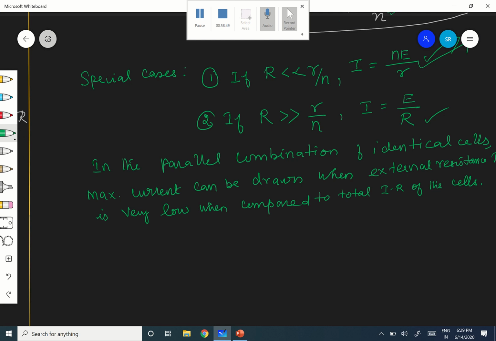So this is about identical cells in parallel. Though it is not in the syllabus, I'll tell you that there are cases where identical cells are connected in mixed grouping.